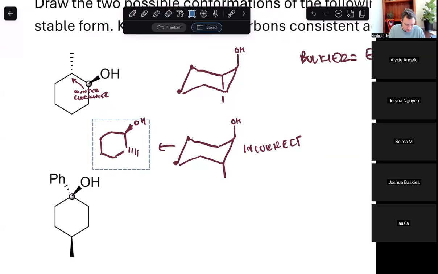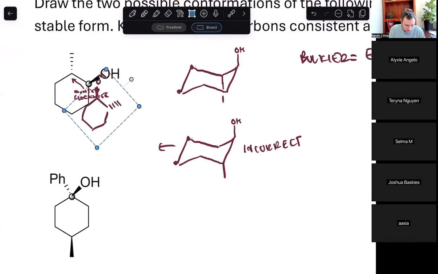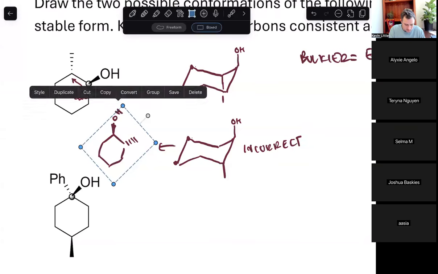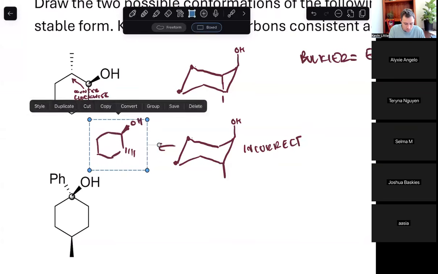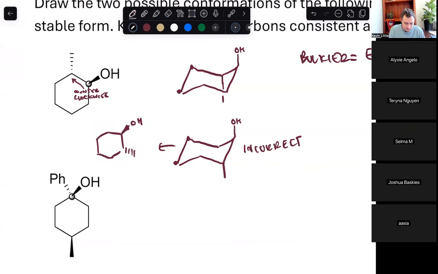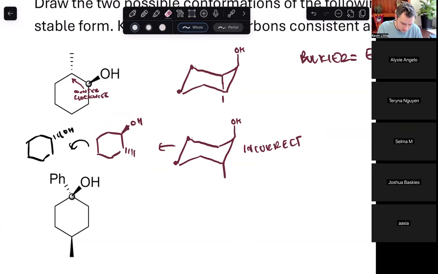Even if I wanted to turn it, there's no way I can turn it to get it to line up because the OH and the methyl are in different locations. The only way I could get the OH and the methyl to line up is by flipping this like a pancake. So I'm going to flip it like this, like a pancake, and then the methyl is up. And you see that this drawing, what is the relationship these two things have to each other?